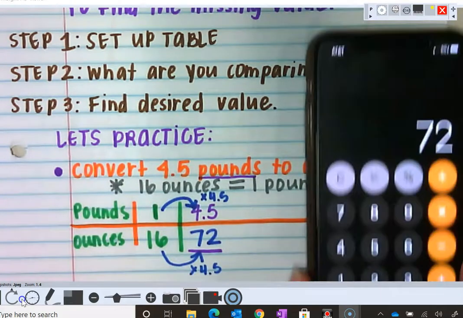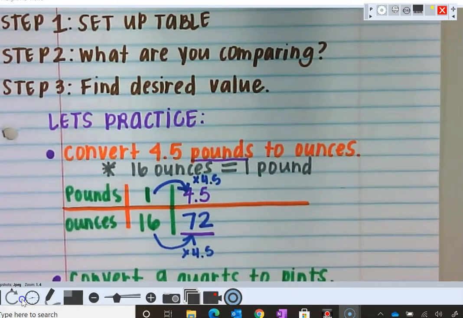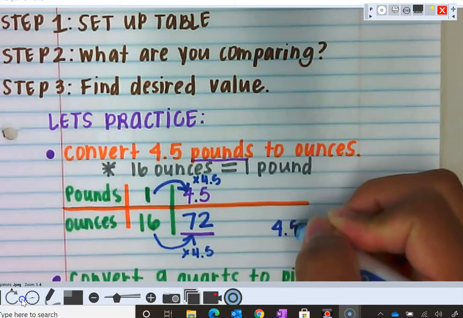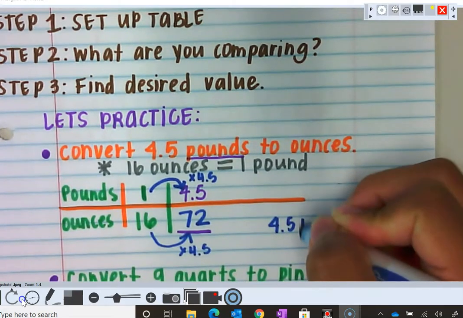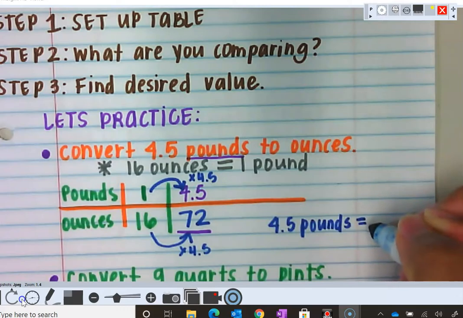And so now we have to ask ourselves, what does this 72 mean? It means that 4.5 pounds is equal to 72 ounces.